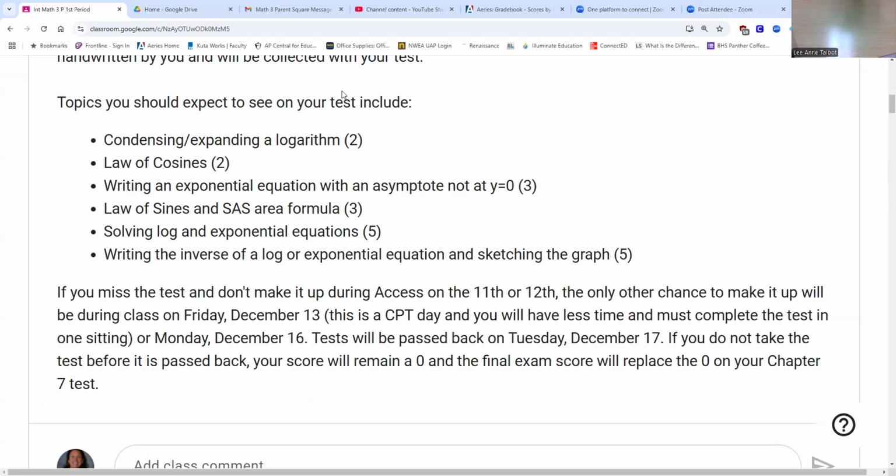So we did not sketch graphs today, but they are in your review assignment for you to review. But we did do the inverse part today. And you'll have a graphing calculator on you, so you'll be okay. Just remember that those log graphs go all the way down if you use the calculator. Exponentials go like this, and the logs go like this, but the calculator cuts it off.